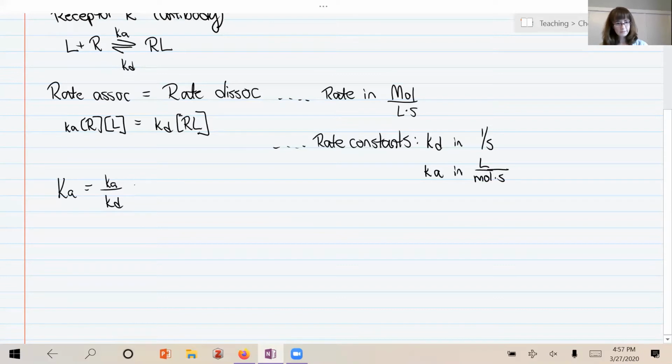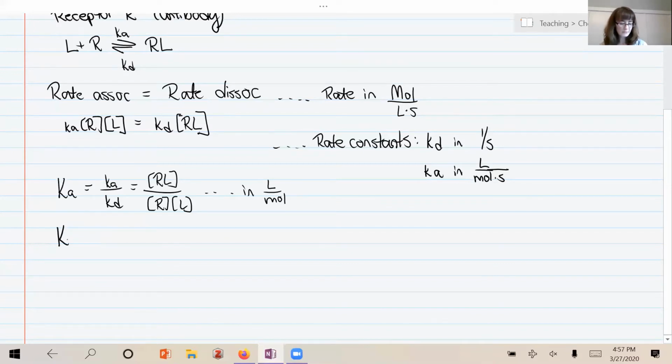And so then we can, of course, just write it out like this. Okay, and you can ask yourself, what must be the units of this association equilibrium constant? And that must be in liters per mole. And I encourage you to work that out if you weren't sure where that came from. Just solve out the units for each individual piece of the fraction.